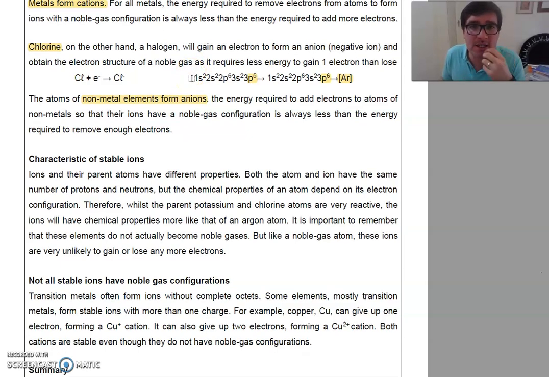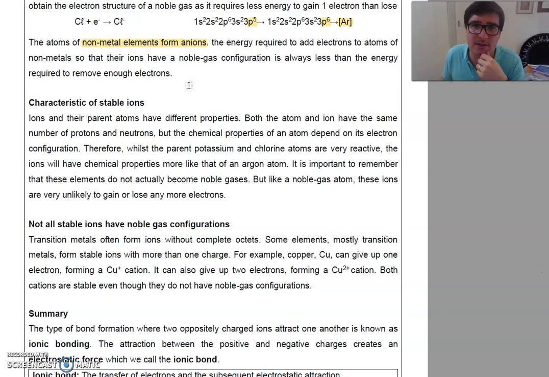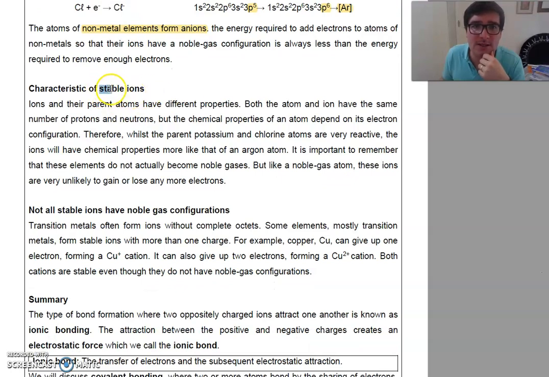Okay, now what is so special about these ions that form, guys? They are stable, okay, which means they don't need to react. So what happens? The parent potassium and chlorine atoms are very reactive. They want to react. However, the ions have chemical properties that are more like that of an atom of argon.